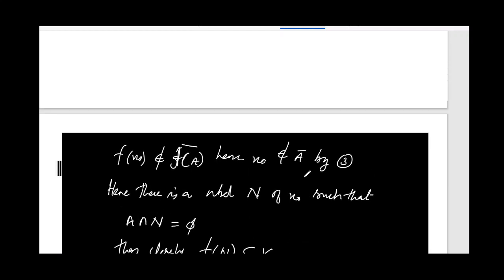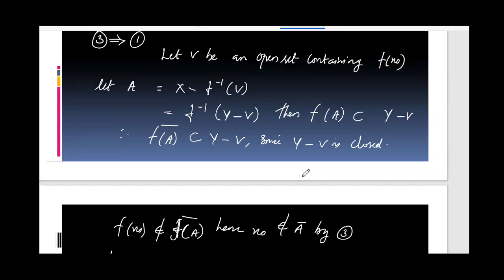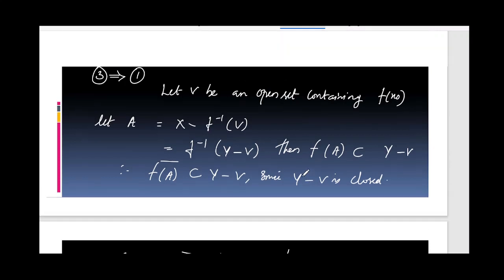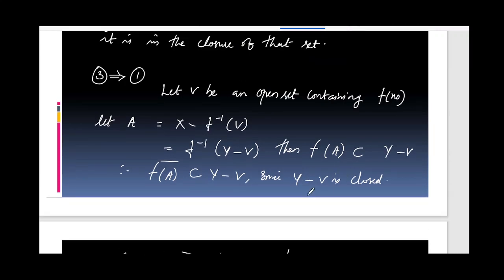Now, what was your V? V be an open set containing f of x naught, right?